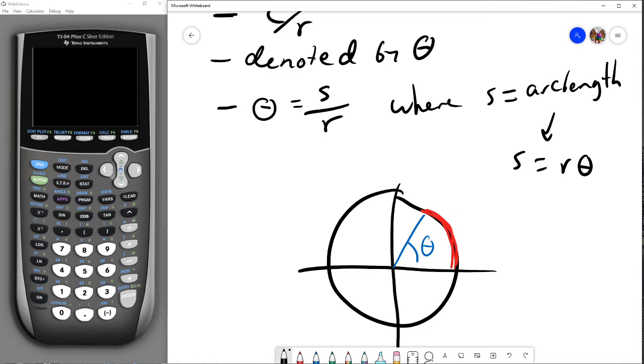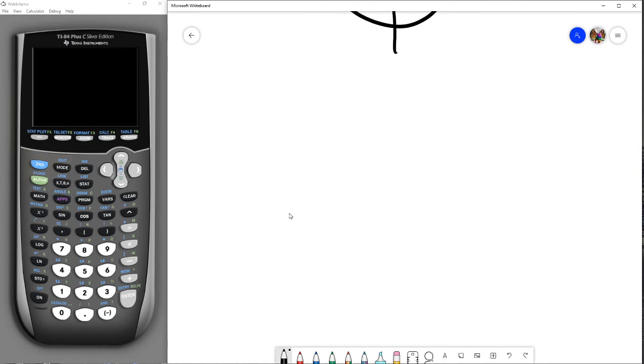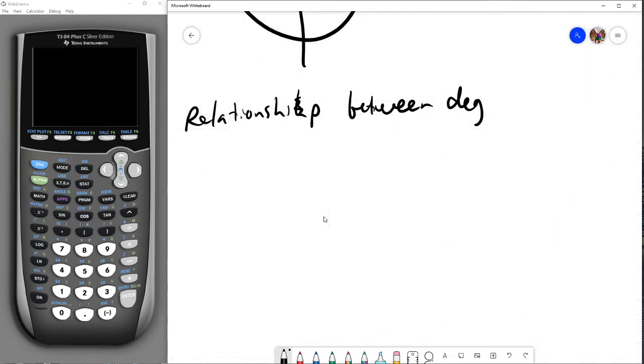Now we have to talk about the relationship between radians and degrees. I'm just going to write DEG for degrees and rad for radians. This is normal notation for radians, and if someone does give a unit, rad is for radians.